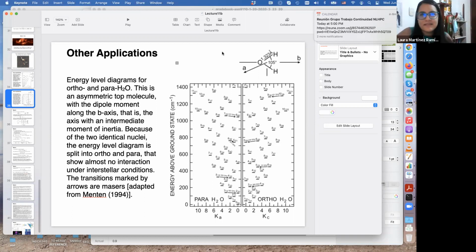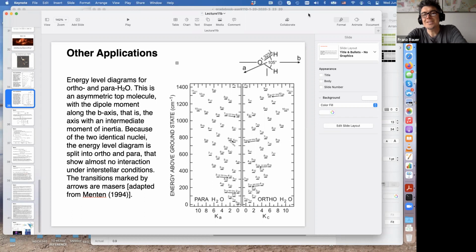Okay, but my question is in general, in the cases when the ortho and para affect the emission, how can this problem normally be treated? I mean, we can assume a specific ratio, say 30% of the water is ortho and the remaining 70% is para, or we assume that all is ortho or all is para, or how can it be managed? No, normally you measure both of them and you use the ratios to try and understand why there are different ratios more than anything else.